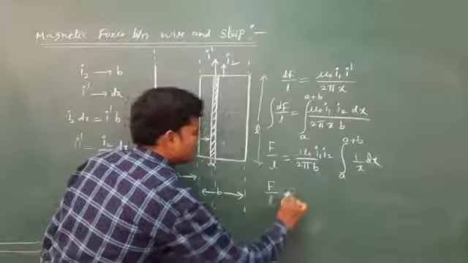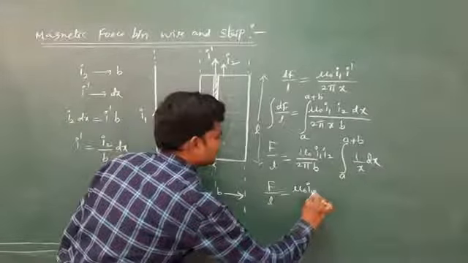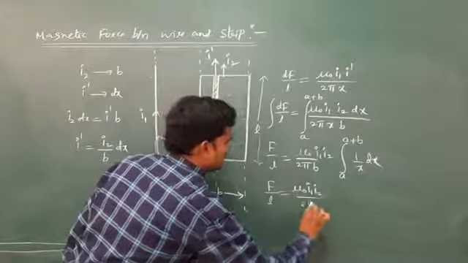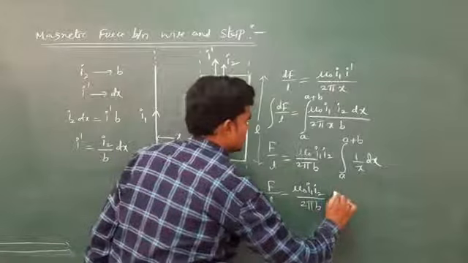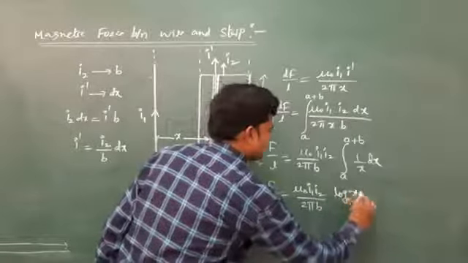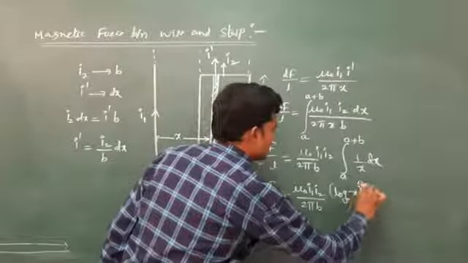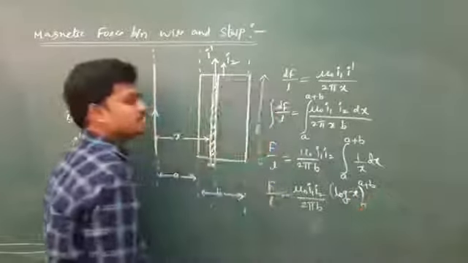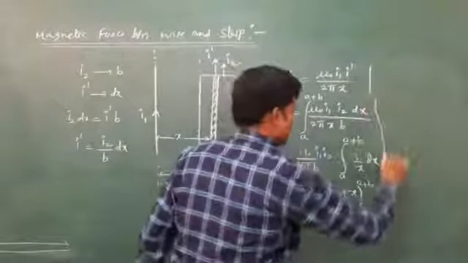So the force per unit length between these two: mu naught I1 I2 by 2 pi B, and the integral is log x. Substitute the limits, upper limit minus lower limit, and you get the answer.